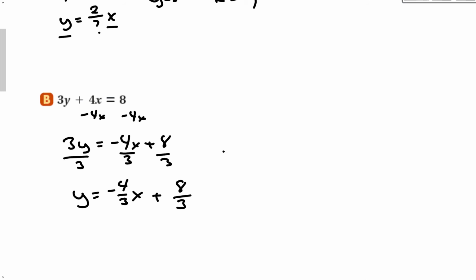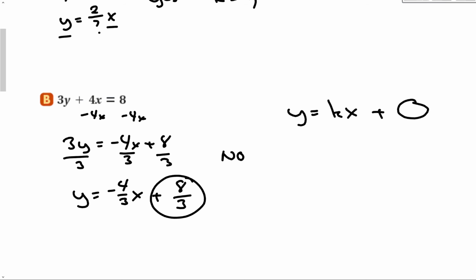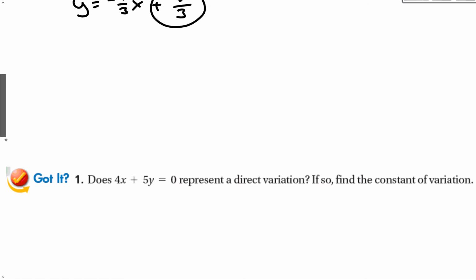This is not direct variation because we have this other thing going on right here. We don't have y is equal to something times x. Okay, we have something times x plus something else. That is not direct variation. This is a line, it is a linear equation, and we'll look at that more in the next section.